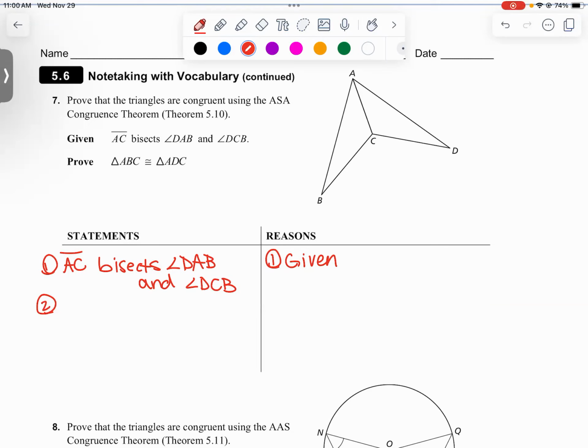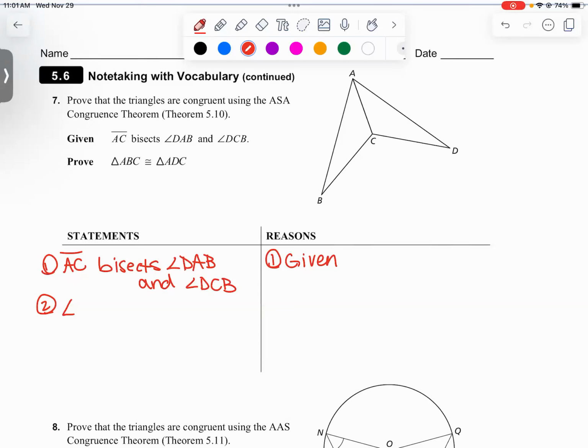So AC bisects angle DAB. What does that mean? If we're bisecting an angle, then it has nothing to do with the sides. If we're bisecting an angle, then we're going to have two congruent angles.